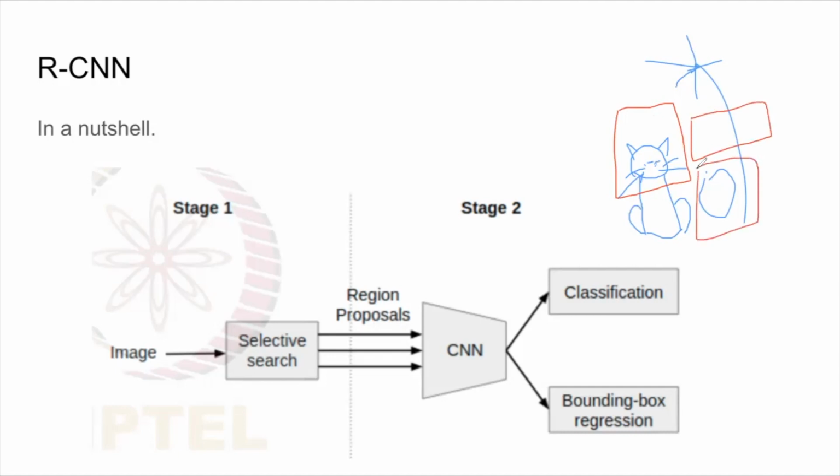But the region proposal that came for the cat was like that. So this will be passed to the CNN, which can look at this cat's face and some part of its body and clearly say that, okay, this is a cat.